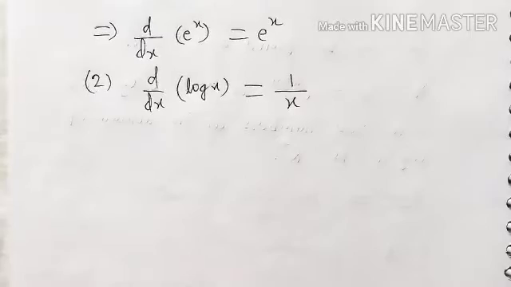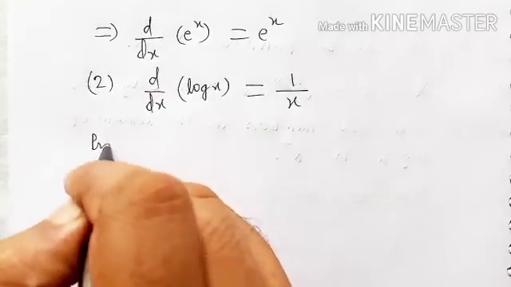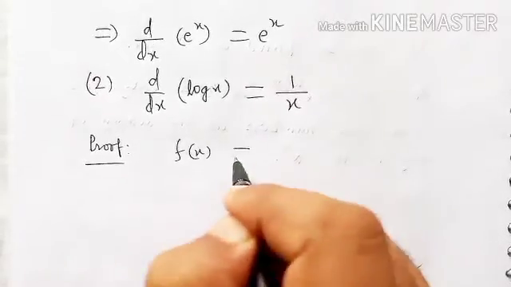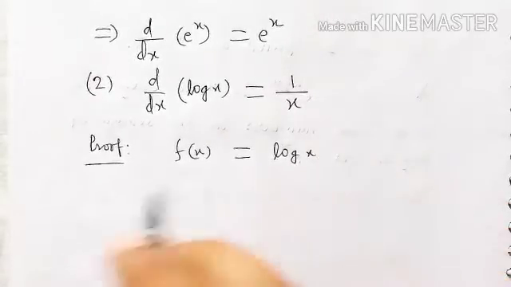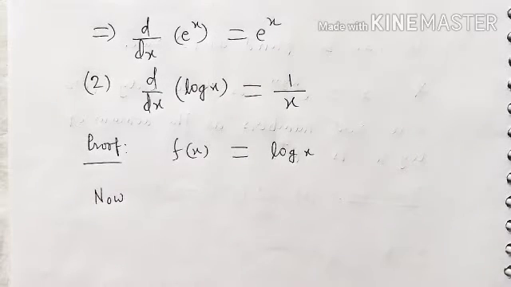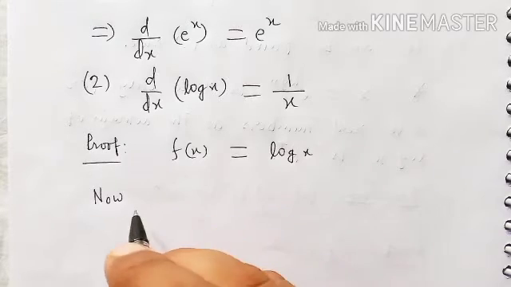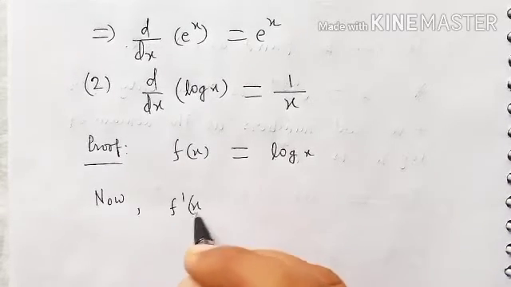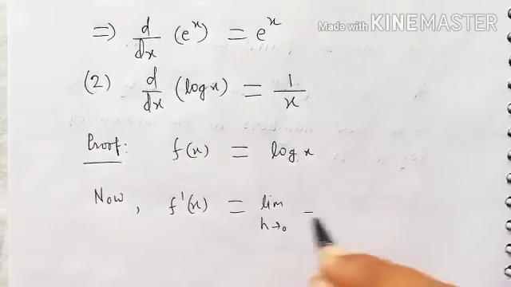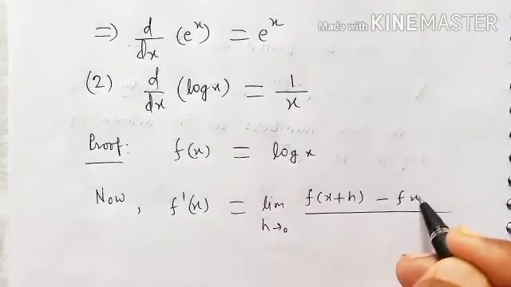Now second one is derivative of log x is 1 by x. Here f of x is log x. Now by the first principle of differentiation, we have f dash x is equal to limit h tends to 0 of f of x plus h minus f of x by h.